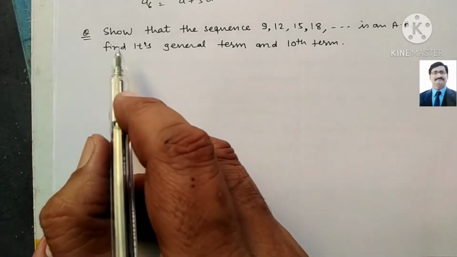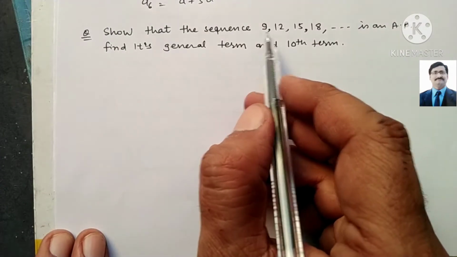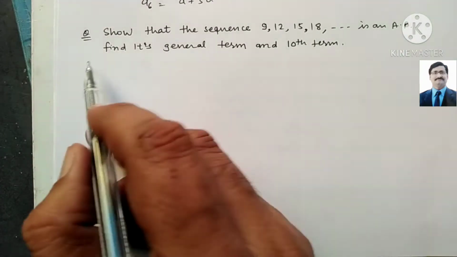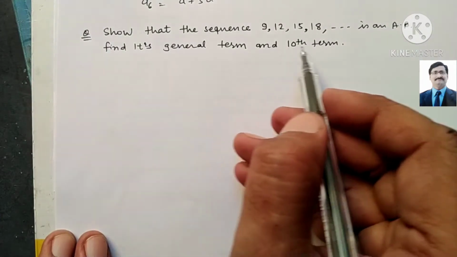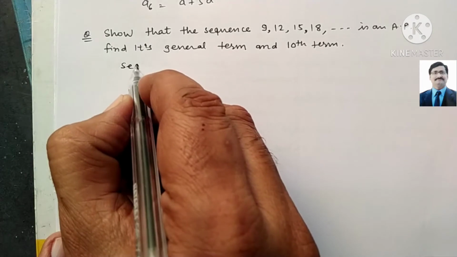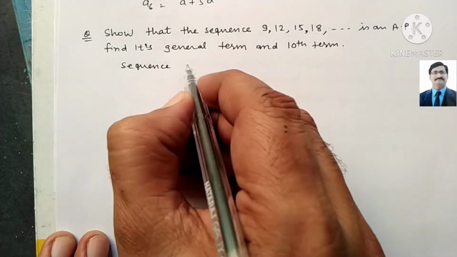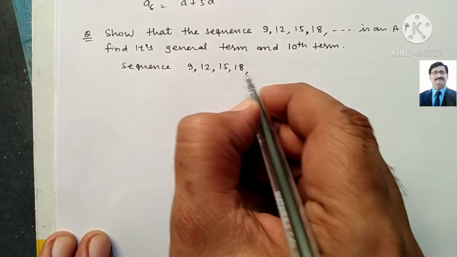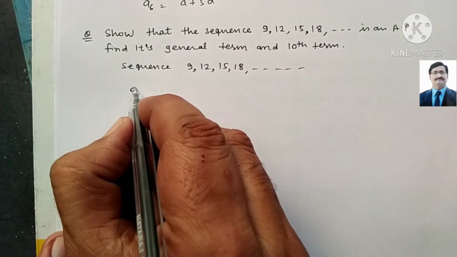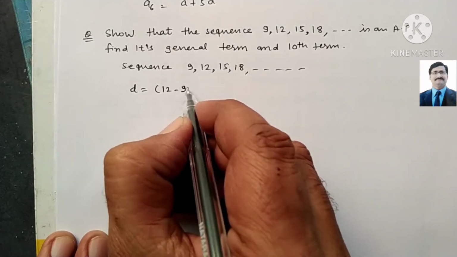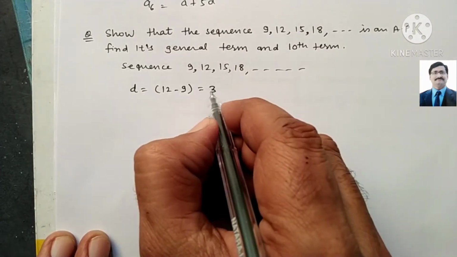Look here, one question: the sequence 9, 12, 15, 18 dot dot dot is an AP. Find its general term, and we have to find the 10th term. This sequence is given to us: 9, 12, 15 and 18. We have to find the difference. The difference is 12 minus 9, which is 3.